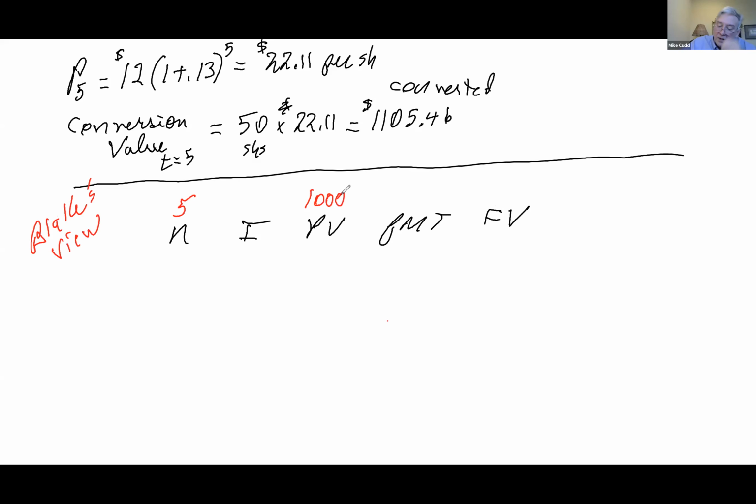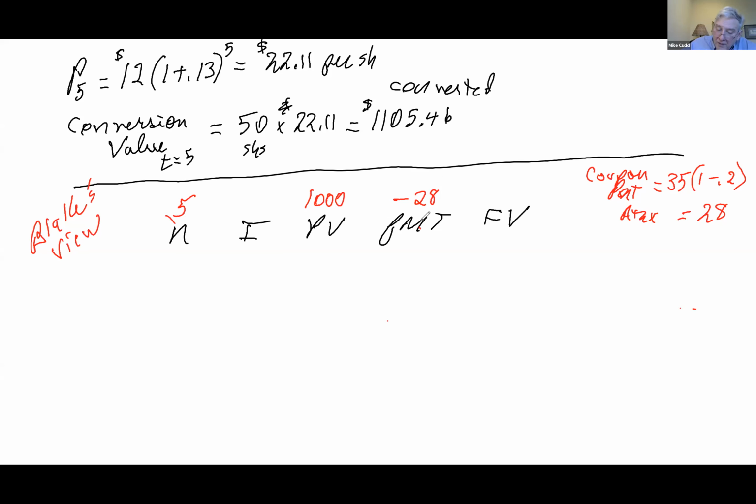They're going to make those coupon payments, but again they're tax deductible. So after tax, it would be 35 times 1 minus the tax rate, or $28. So every year, Blake would pay 28. That takes care of all 5 years of coupon payments.